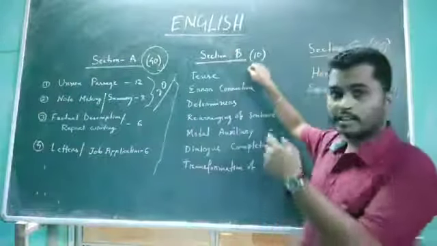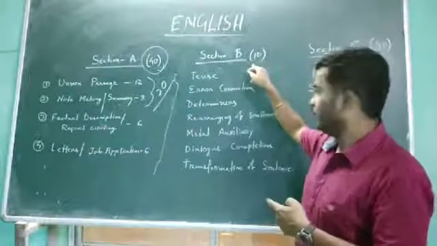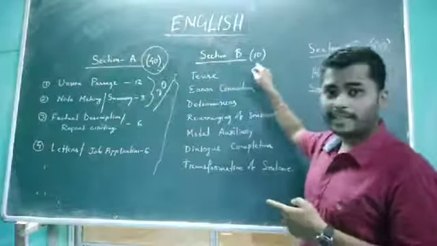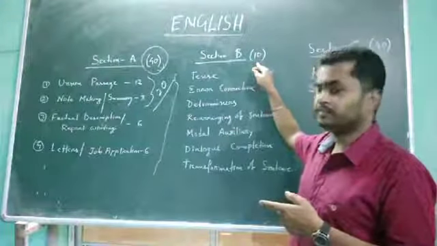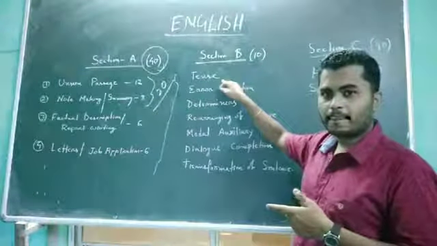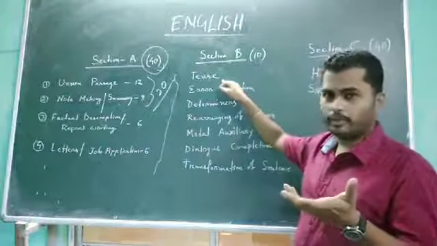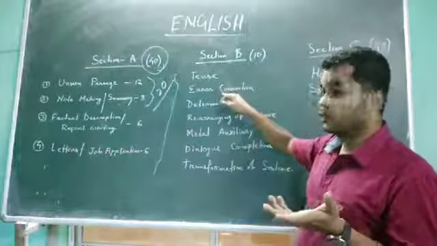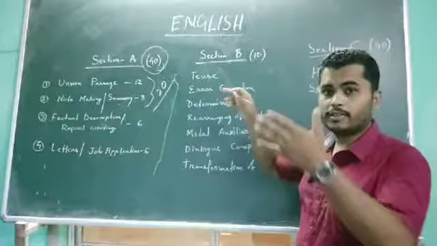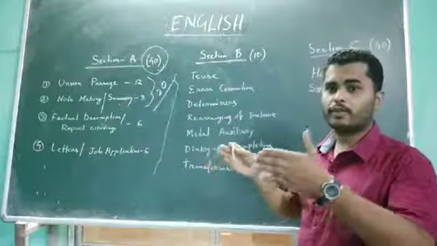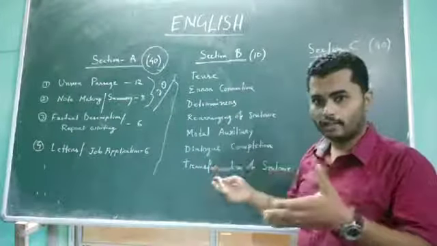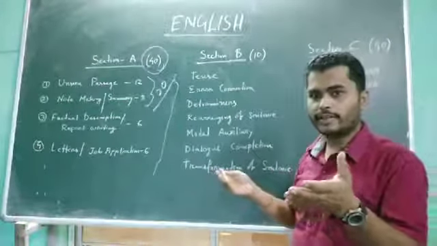Okay. Then section B. Come to the next, section B. This is the grammar portion. There will be 10 marks in grammar. Tense. You have already known about tense. Then error correction. There are some sentences which will be given with errors.